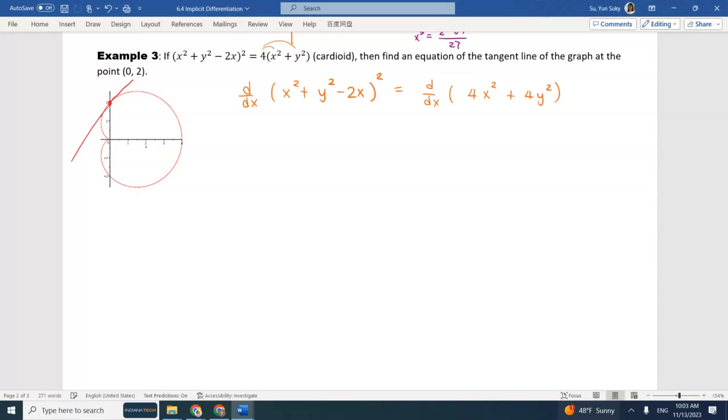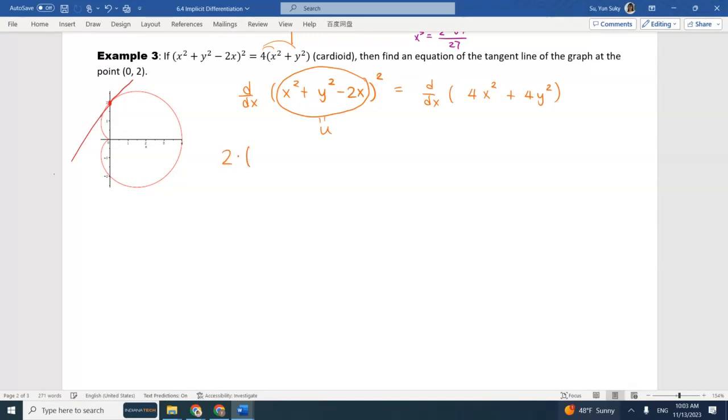Okay, on the left hand side. Oh, do you see it's a composite function? It's something to the square, right? So chain rule. What is the derivative of u squared? 2u.